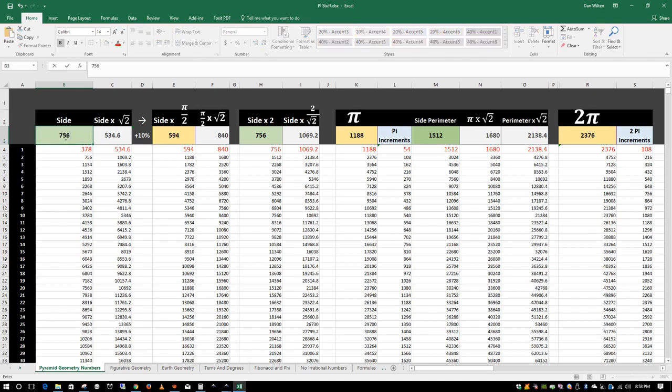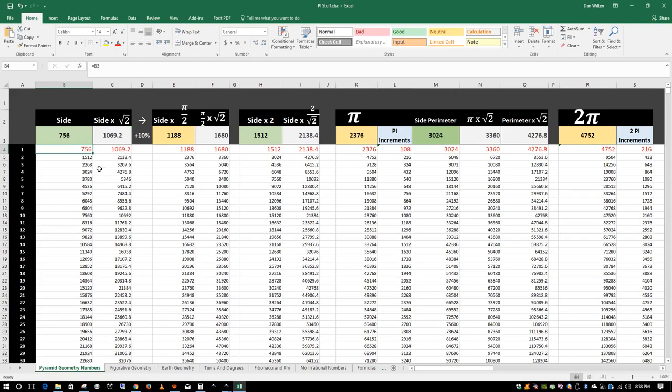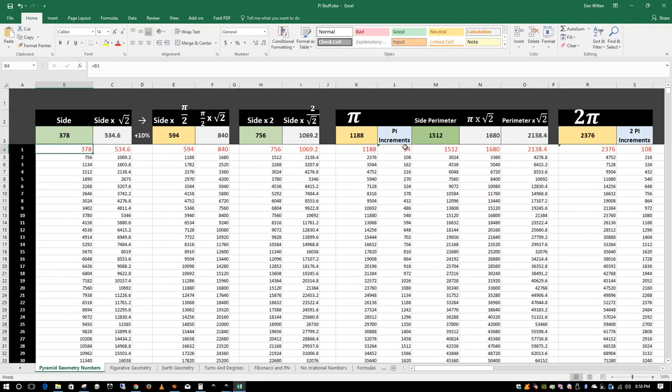The Great Pyramid side length is 756 feet, and so the pi increments are 108. But if we divide it in half, then the pi increments are 54, and I showed you a diagram showing how it looks when you stack everything together, because the 378, the 0.14 actually represents the 54, but if you put 6 of them together, which represents 2 pi, then your remaining is 108.